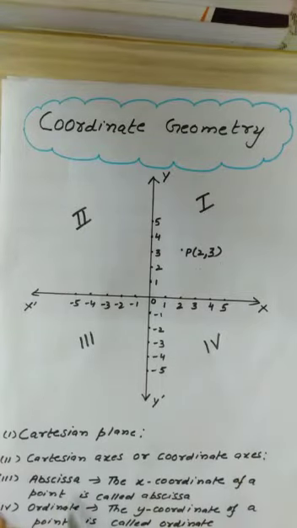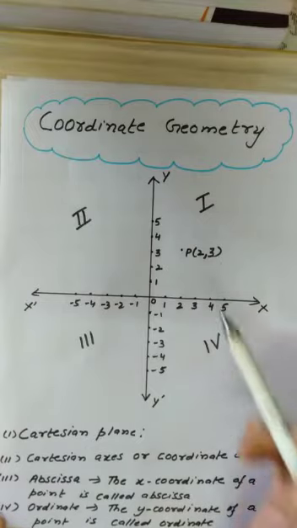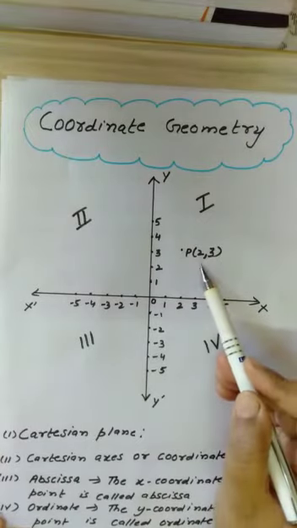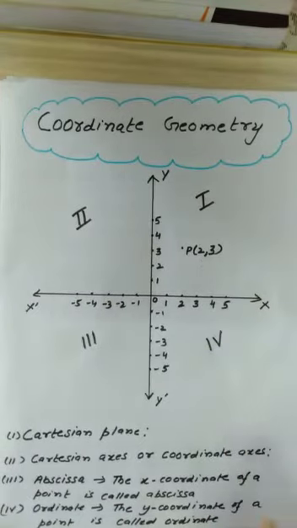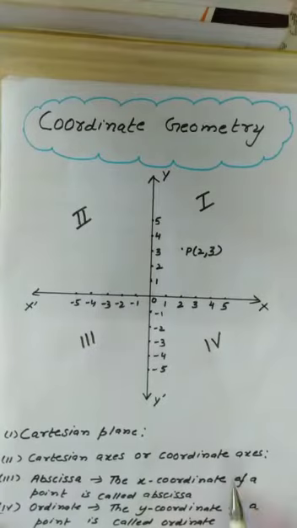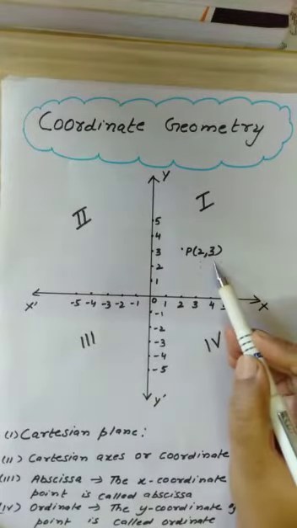Also, let's recall the definitions. What is abscissa? The x coordinate of a point is called abscissa. Like this point has x coordinate equal to 2, and its x coordinate is called abscissa. The x coordinate of any point is called abscissa, and the y coordinate of any point is called ordinate.